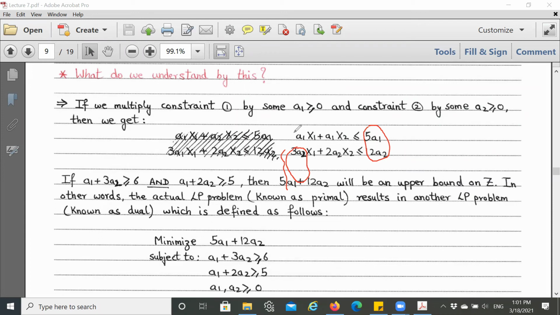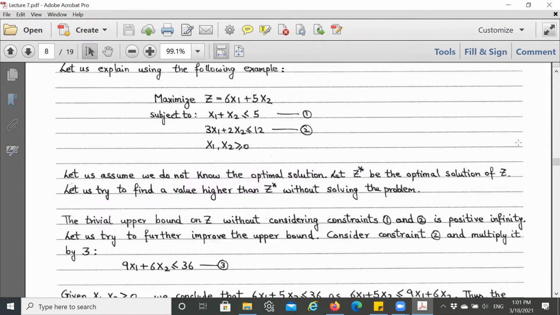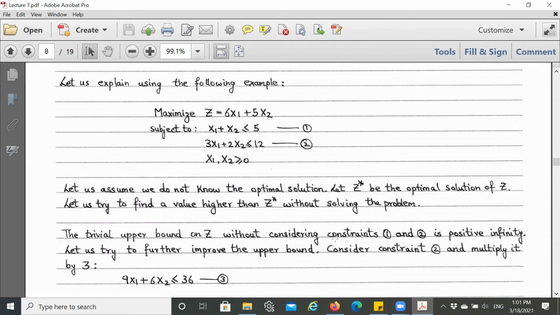I'm saying that if the sum of these two and the sum of these two is greater than or equal to the coefficients of this, that's what we just did, right? I just showed you by example, from 36 we went to 30, then 29.